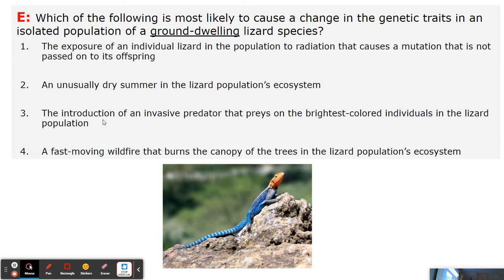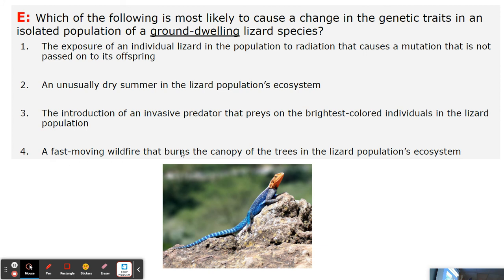Well, the introduction of an invasive predator that preys on the brightest colored individuals in the population would have an effect on the genetic traits because those lizards that are colorful would be eaten by the invasive species, so their genetic traits of being colorful could not be passed on to future populations. Where the lizards who are not so bright could reproduce, get the resources, and then pass their traits to future populations. So the answer to the question is number 3.